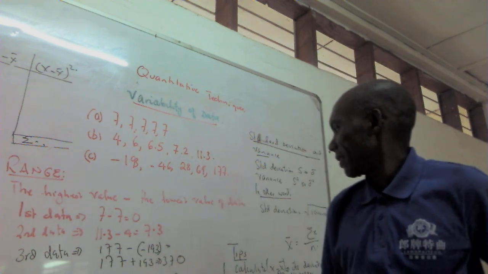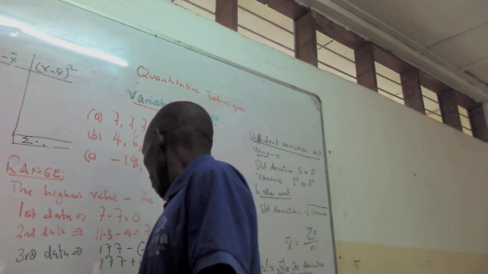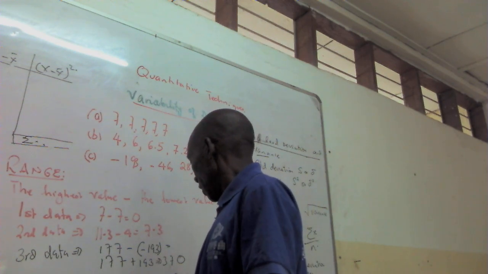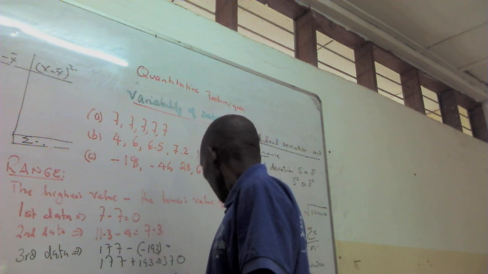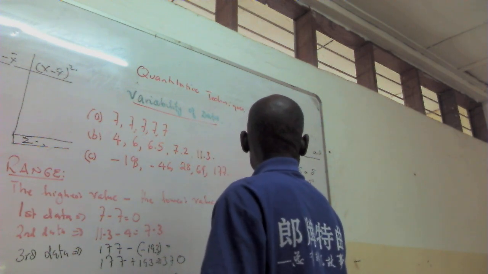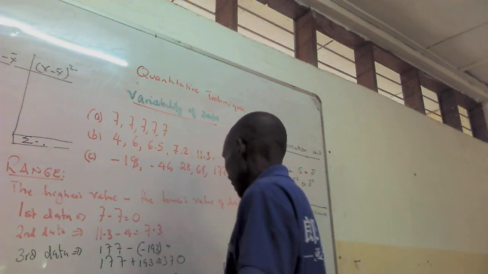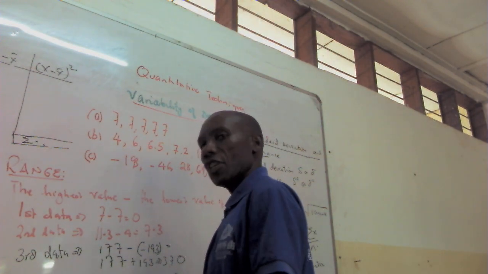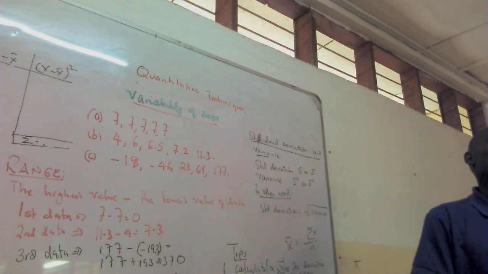Number 5, you square root the variance to get standard deviation.